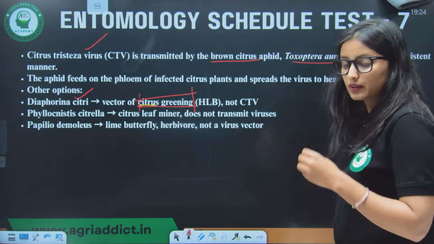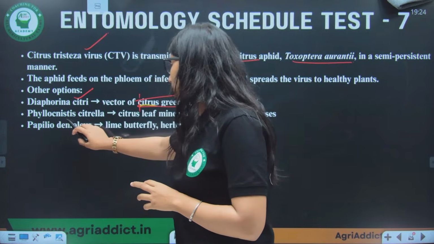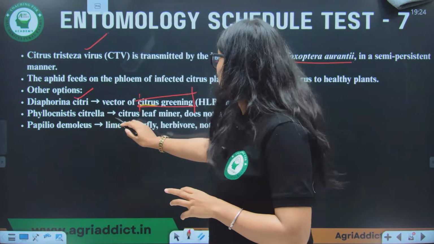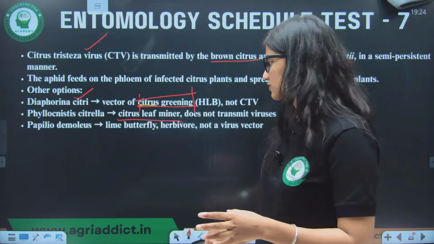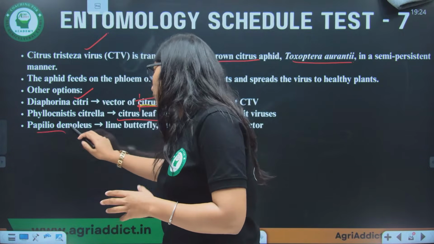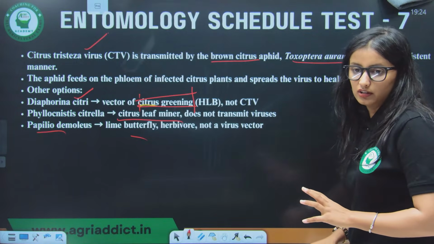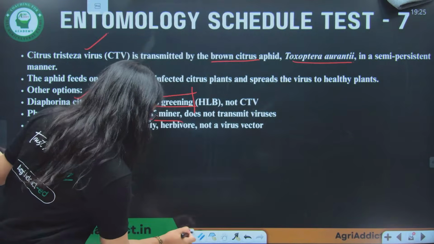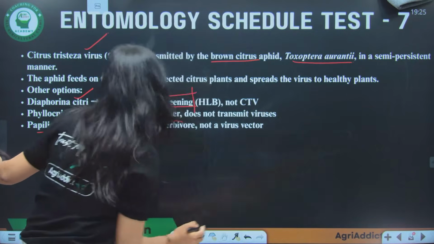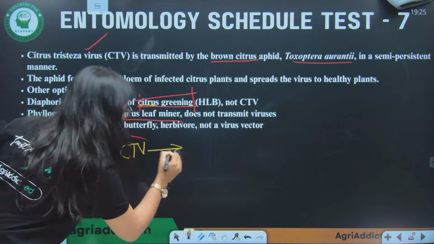Okay. And what about Phyllocnistis citrella? Citrus leaf miner. It does not transmit generally. And what about Papilio demoleus? You know this is lime butterfly. It is not a virus vector. So all options are clear, but remember this: citrus tristeza virus by whom?